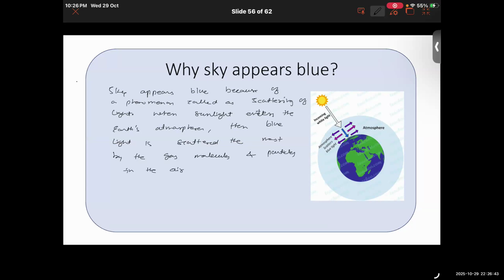If you have to be very specific, then it's because blue light has shorter wavelength. Right now, you know that the red light has the longest wavelength.